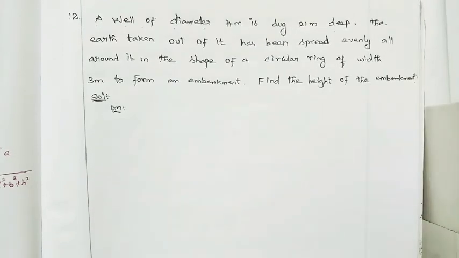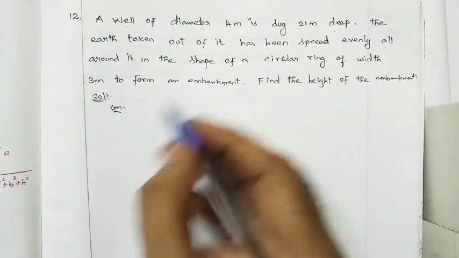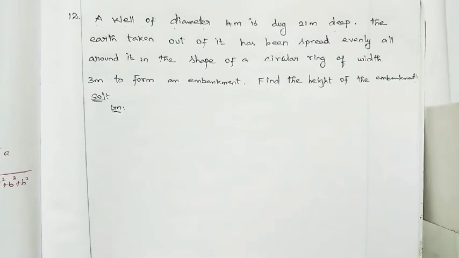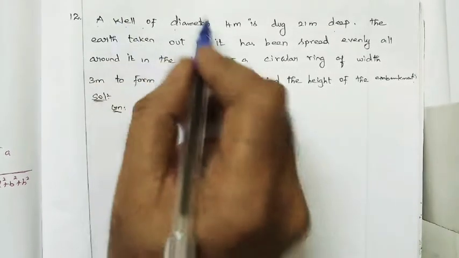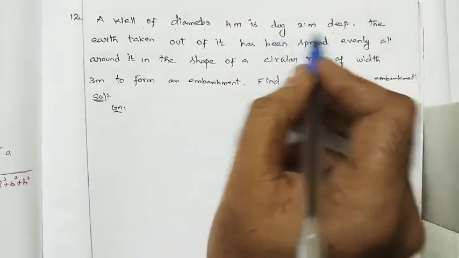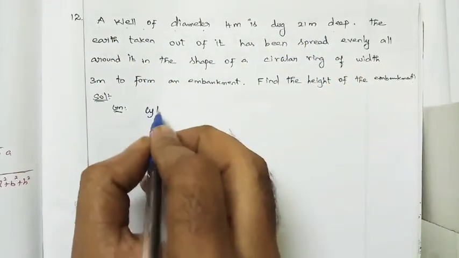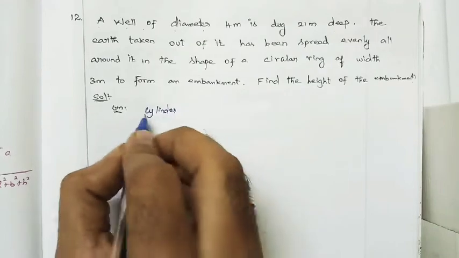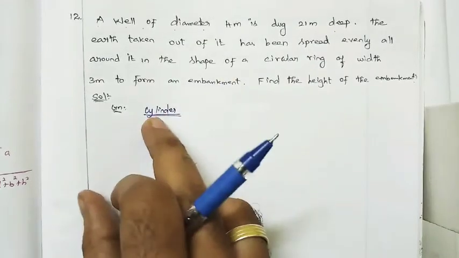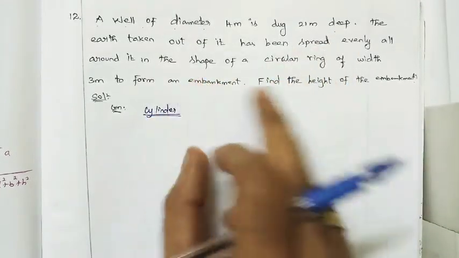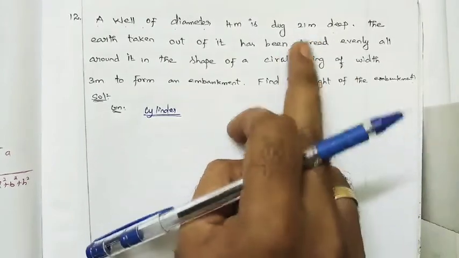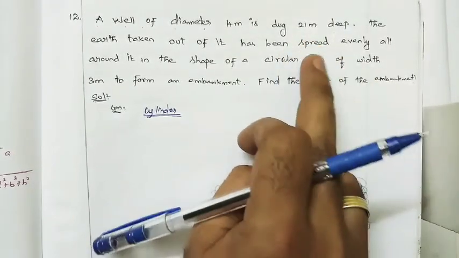First I am going to draw the diagram. First we will fill in the details. They are taking the sand from the earth in the shape of a cylinder, right? After taking the earth, they are constructing an embankment in the shape of a ring.